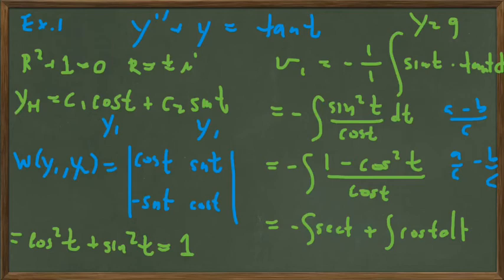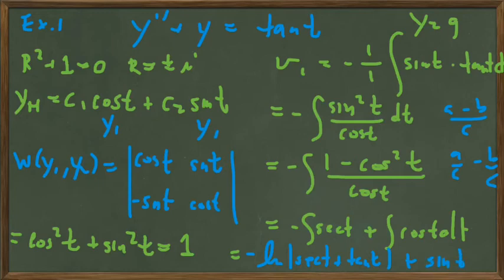The first integral is one that we did a long time ago. You'll look it up in your notes. It is ln of secant t plus tangent t, and the second integral of cosine t is just sine t.